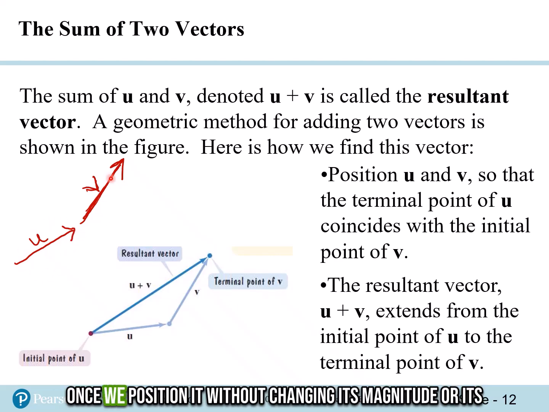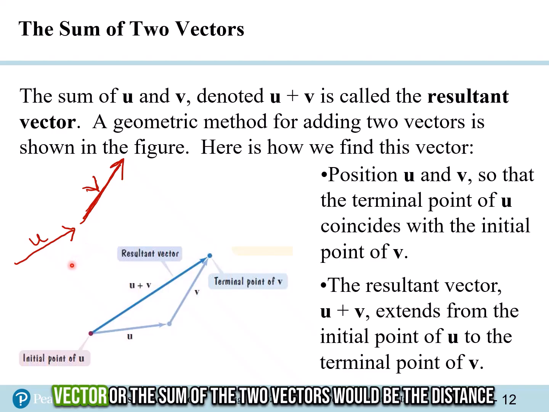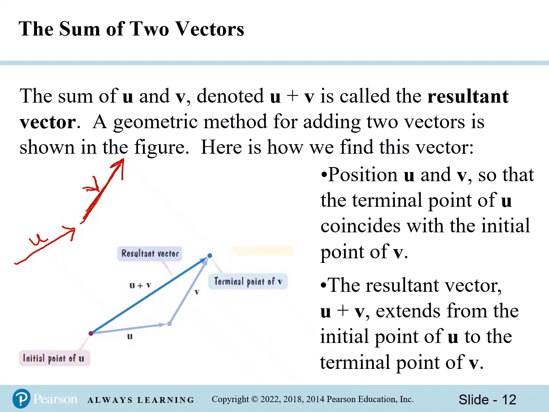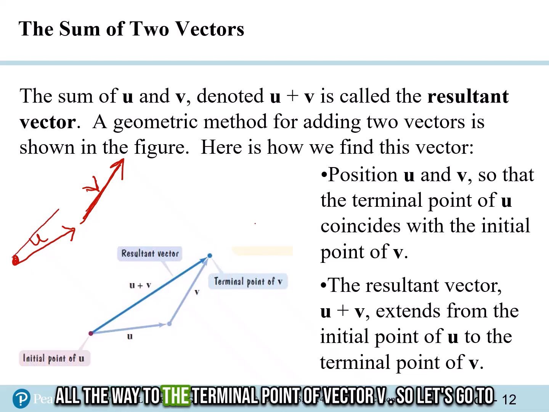And once we position it without changing its magnitude or its direction, the resultant vector, or the sum of the two vectors, would be the distance from the initial point of the first vector u all the way to the terminal point of vector v.